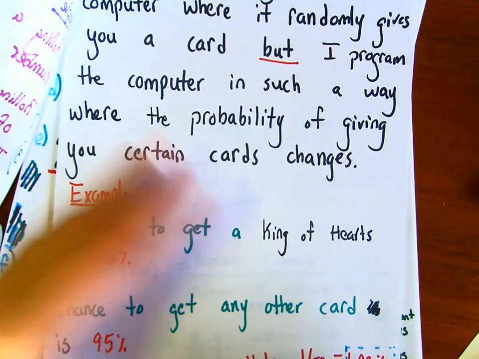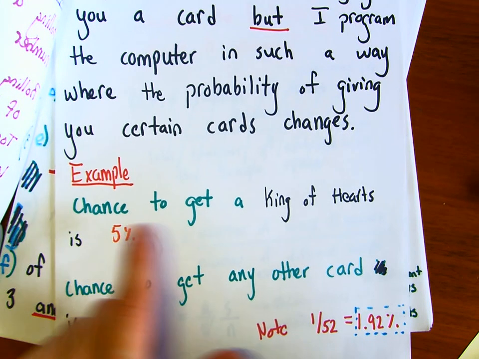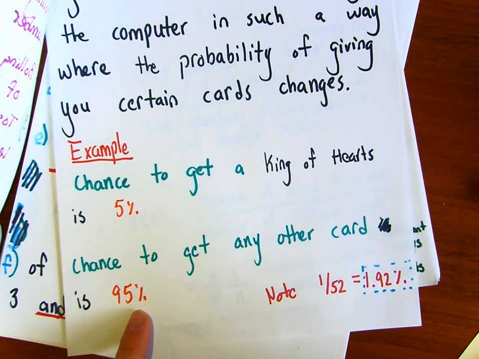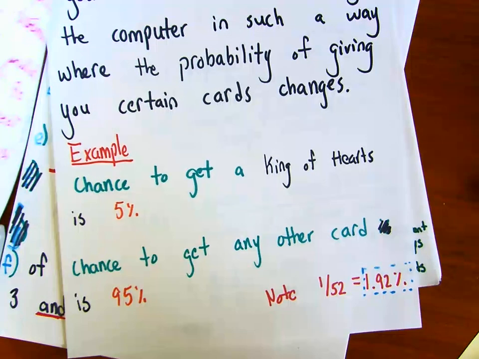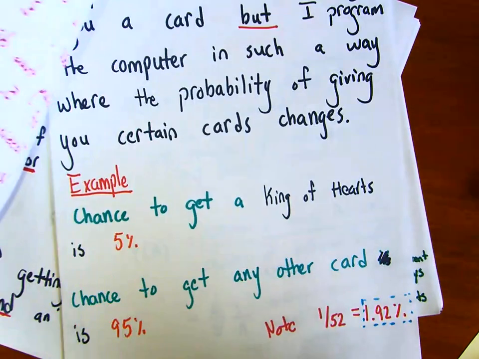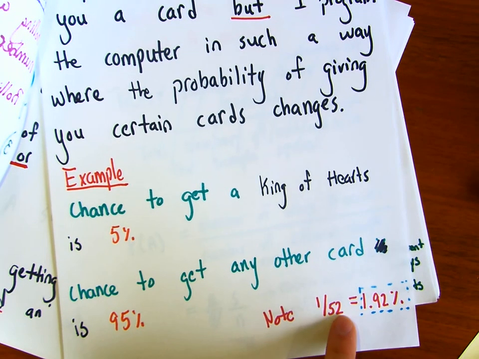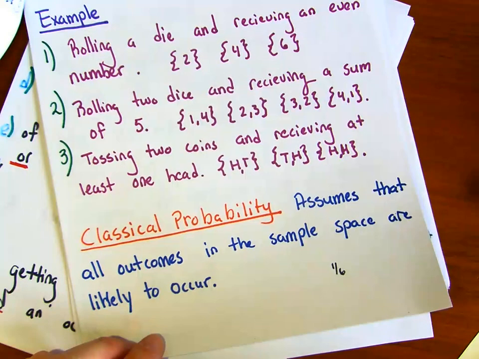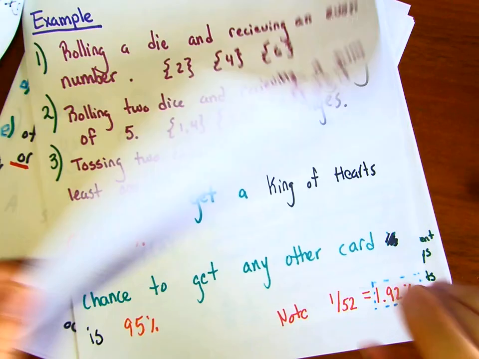So for example, I change the computer so that it gives you a 5% chance of getting the king of hearts, and a 95% chance of getting something else. Now, if I were to do this, then we're not in classical probability, because the chance of getting that king of hearts is no longer 1.92% or 1 over 52. If we change this, then we're not in a world of classical probability. So that's all the definition means, and I just wanted to share that with you.